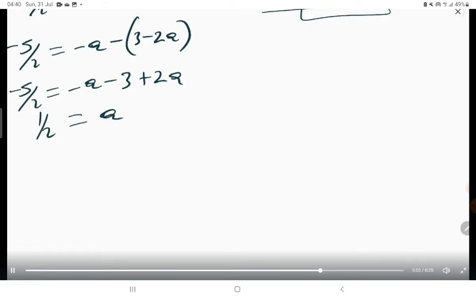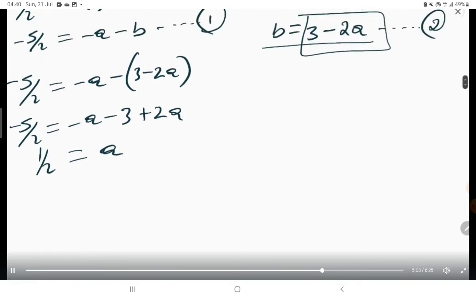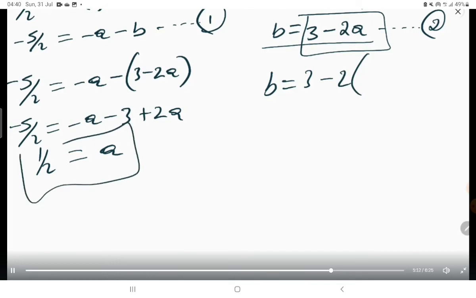So if we take this half and substitute straight to where b was, then in the place of a, we put this variable, so we have 3 minus 2 times 1/2. Then if this cancels that, we have 3 minus 1, which is just 2. So we did show that a is equal to half and b is equal to 2.